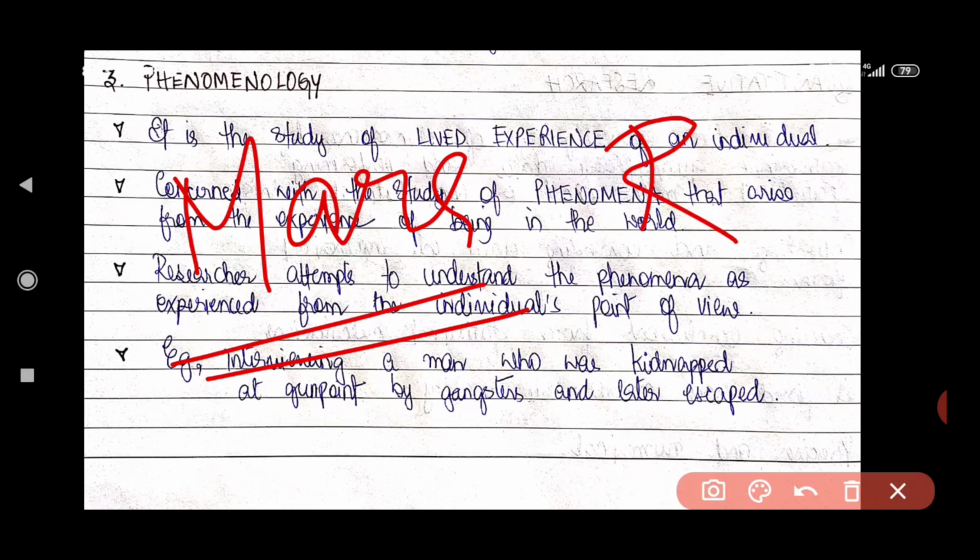And you start describing how you felt when you landed on the big, red, beautiful planet of Mars, and you recount every minute of experience you lived on that planet. This is called phenomenology. Understanding phenomena from the point of view of the person who experienced that phenomena, who lived that experience. Okay.